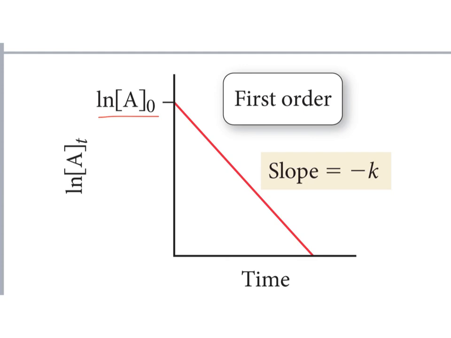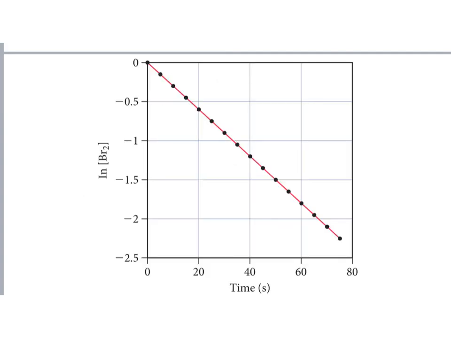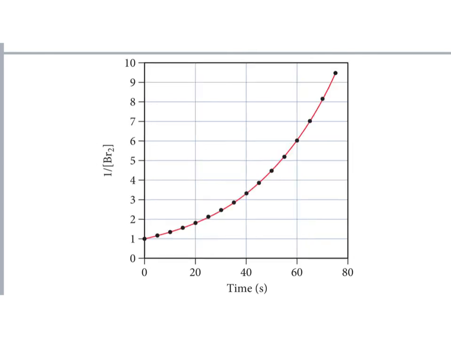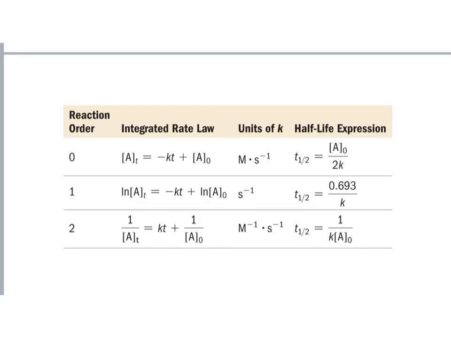And if you get a straight line with a negative slope, that's a first order. Okay, so something like this, where you've got the natural log of bromine over time. If you plot 1 over bromine, you do not get a negative slope, right?